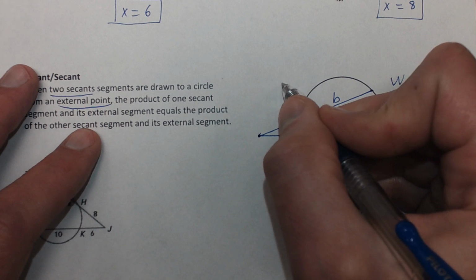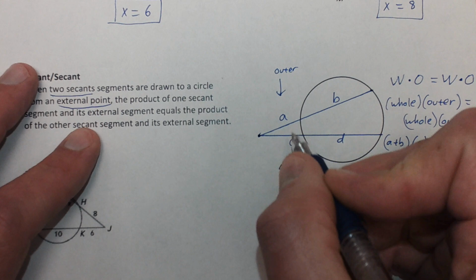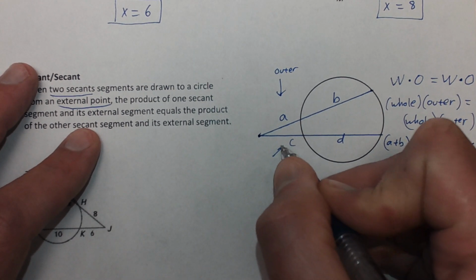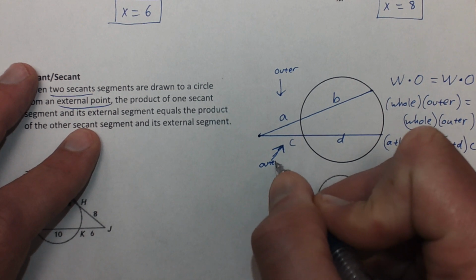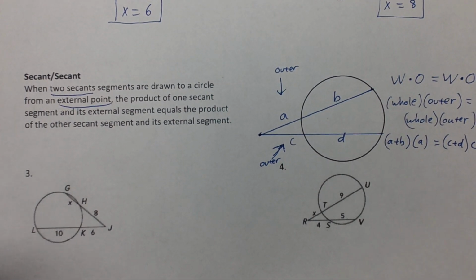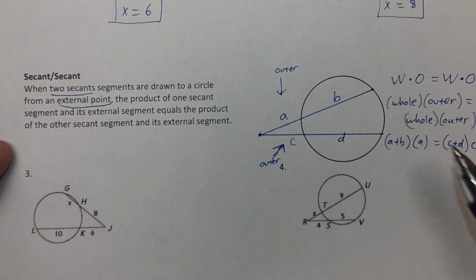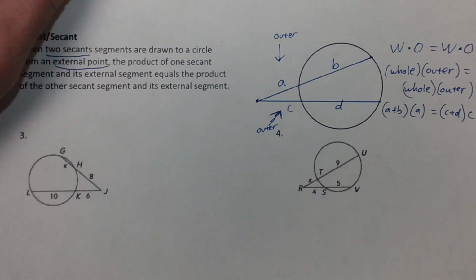And it might help if I indicate this is the outer, or just this part right here is the other outer. Whereas the whole thing would be all of it added together. Okay, so whole times outer equals whole times outer. That's really what you're going to want to remember for secants.